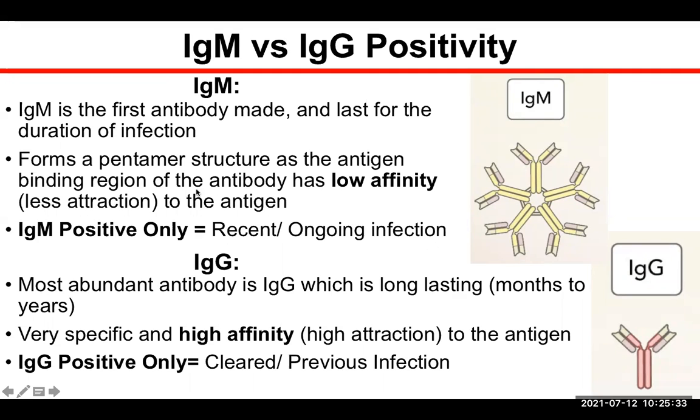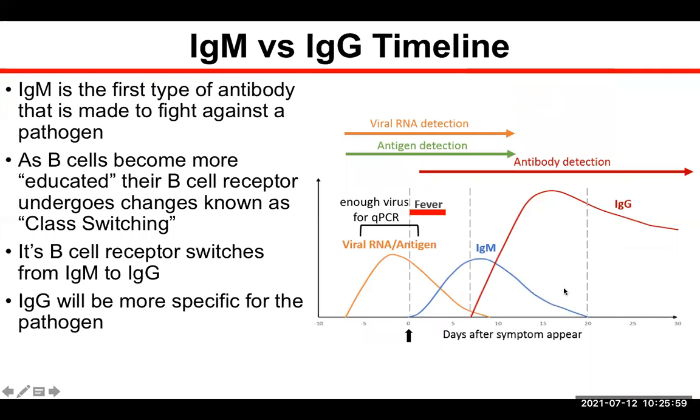If your test comes back positive for IgM, that means you have a recent or ongoing infection of the virus. Whereas IgG is more specific for whatever it's trying to fight against, in this case coronavirus. IgG is going to last in the blood for months to years, as opposed to IgM, which is only around for a short amount of time, as you can see by this curve.